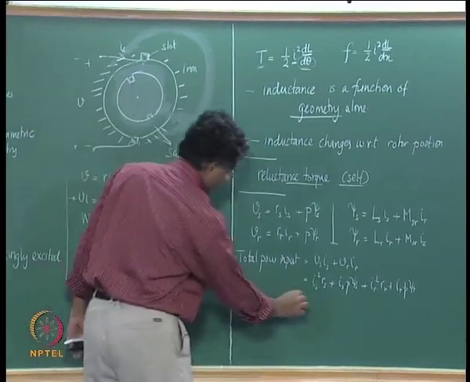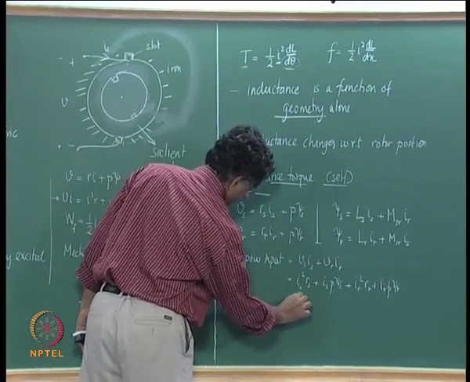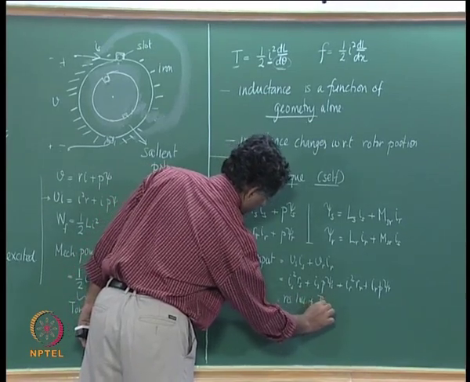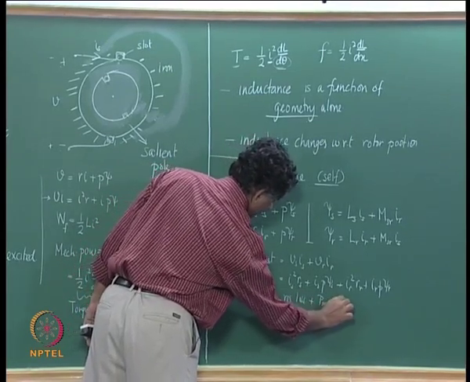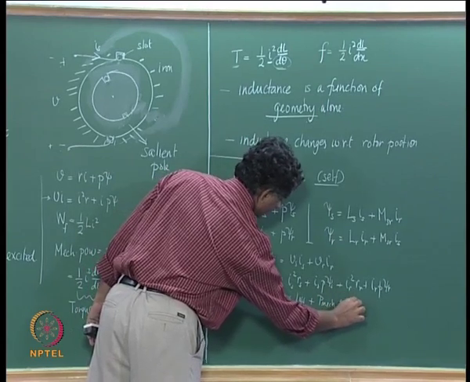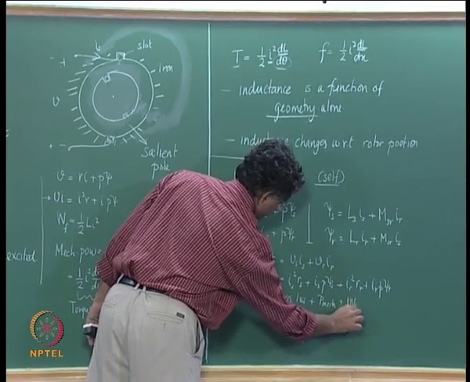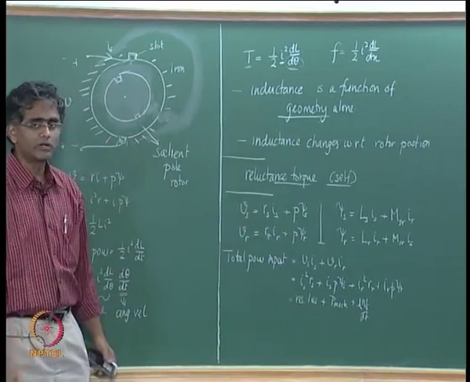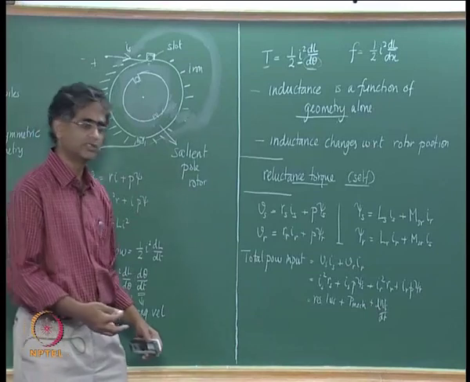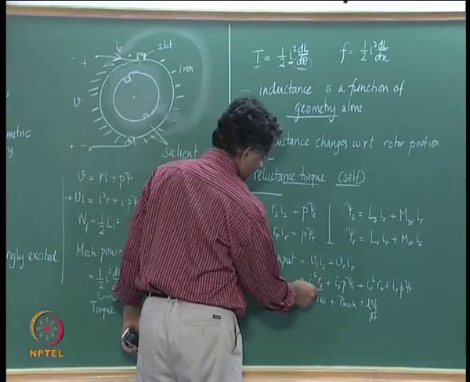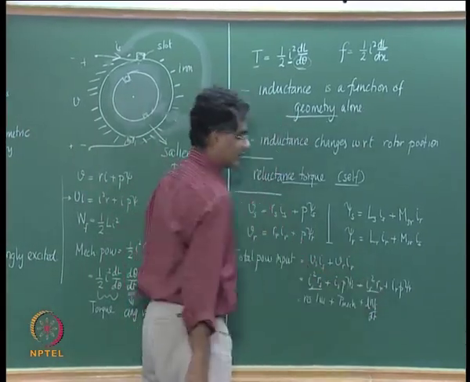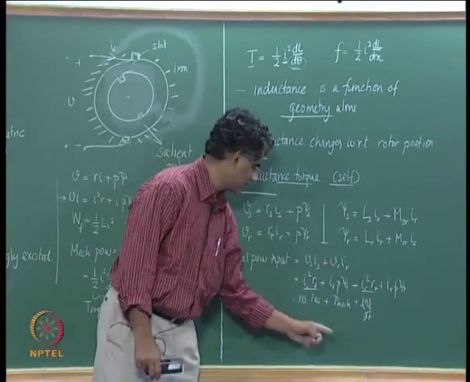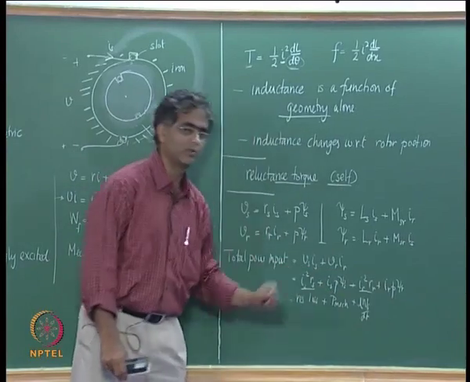This is what we said must be equal to resistance loss plus P mechanical plus rate of change of field energy, so dWf by dt. The resistive loss, as is usual, is easy to identify. It is I squared R here and I squared R here, that is the resistive loss component, and therefore this term plus that term must equal mechanical power plus dWf by dt.